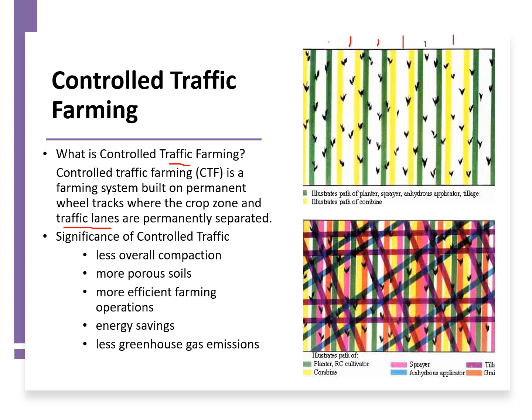So in general concept, we say that there will be more compaction on that side, because we are moving our equipment and machinery again and again on the same lane.